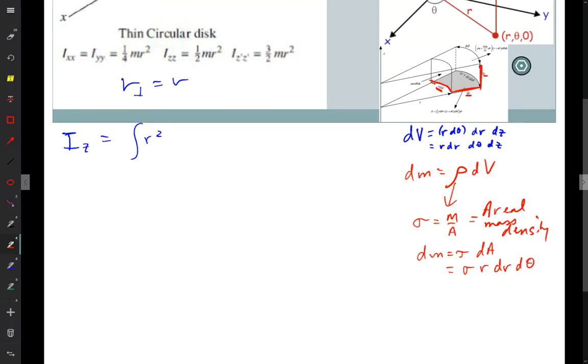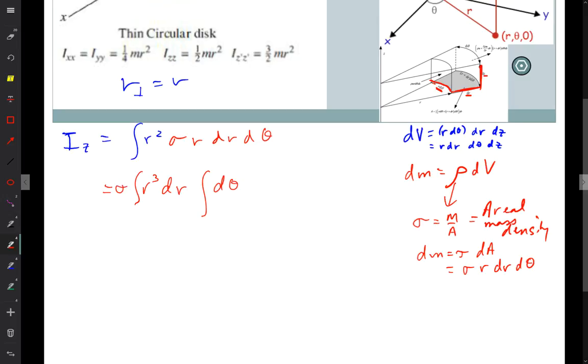And so sigma r dr d theta. Well, I do my integral. What are my limits going to be? Two integrals. One, notice r squared times r is r cubed dr. The other one, d theta.